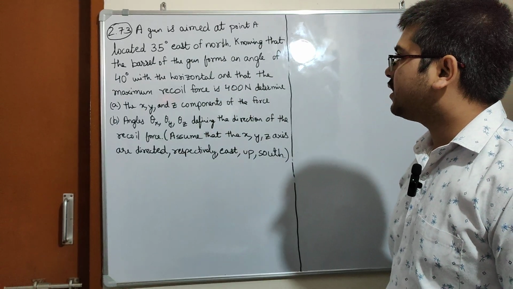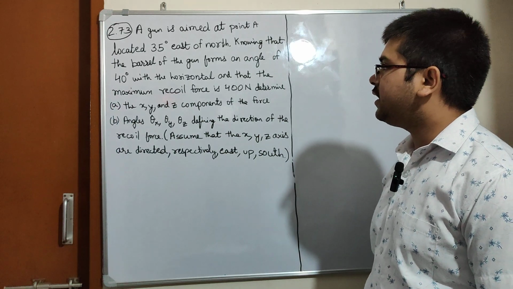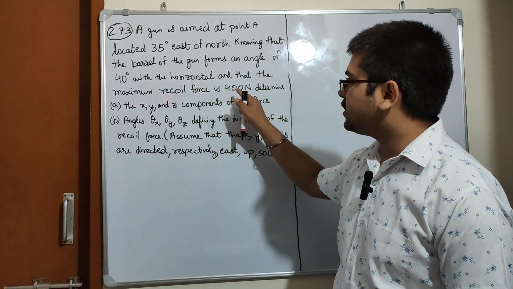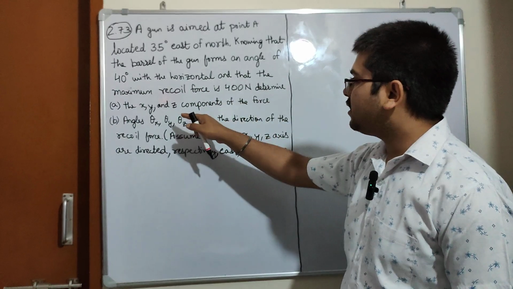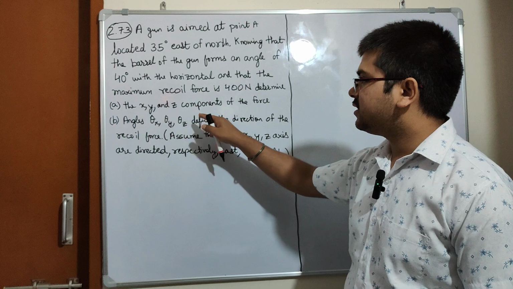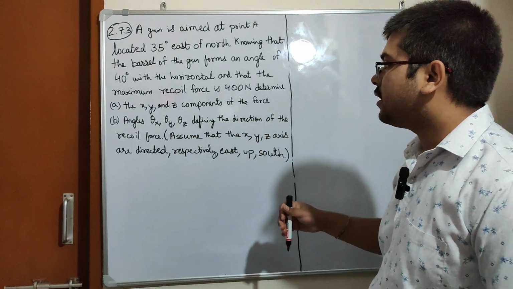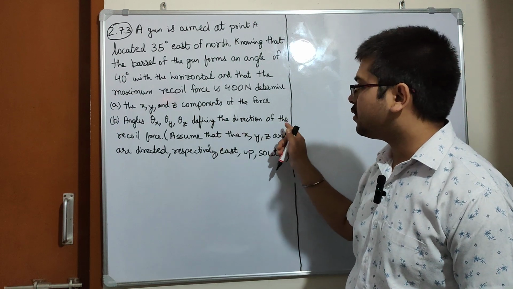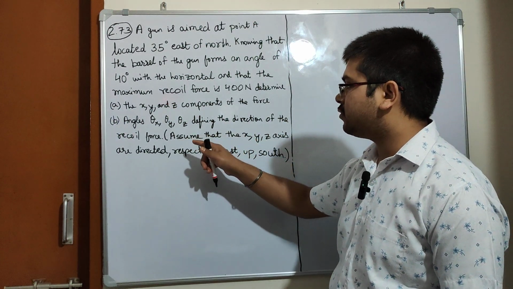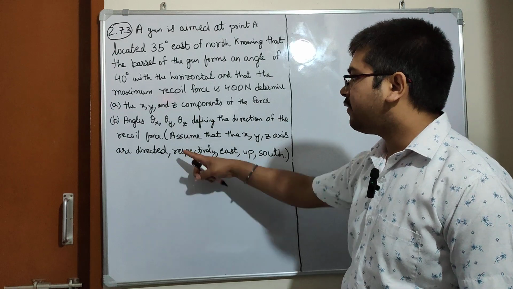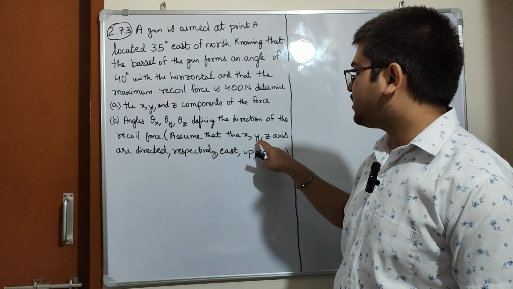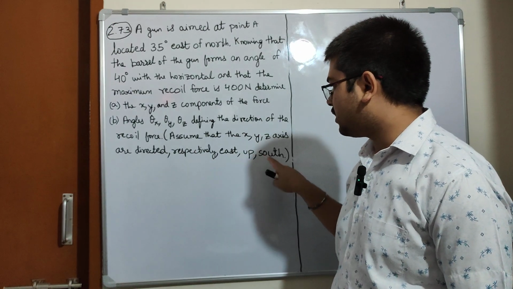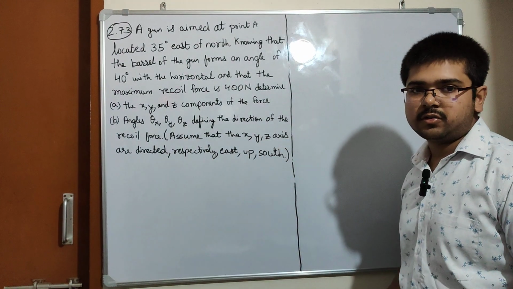Knowing that the barrel of the gun forms an angle of 40 degrees with the horizontal and that the maximum recoil force is 400 Newton, determine the x, y, z components of the force, angles theta x, theta y, theta z, defining the direction of the force of the recoil force. We have to assume that the x, y, z axes are directed respectively east, up and south. So that was the question.